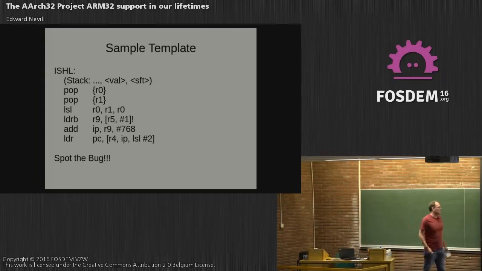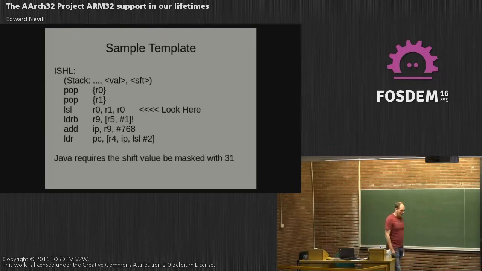Java requires shift values in the ASCII So the same happened in the Arch34 port, different variants of that bug. On the Arch64, I believe it always masks it with 63, regardless of whether it's a long. But you can feel better because nobody at the Connect conference supported it either.